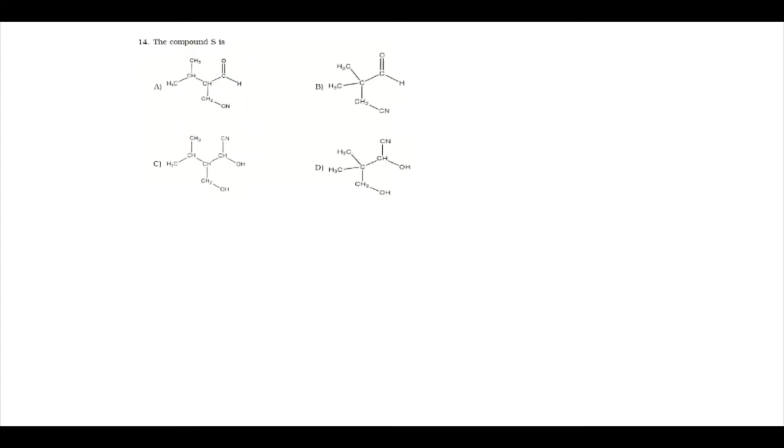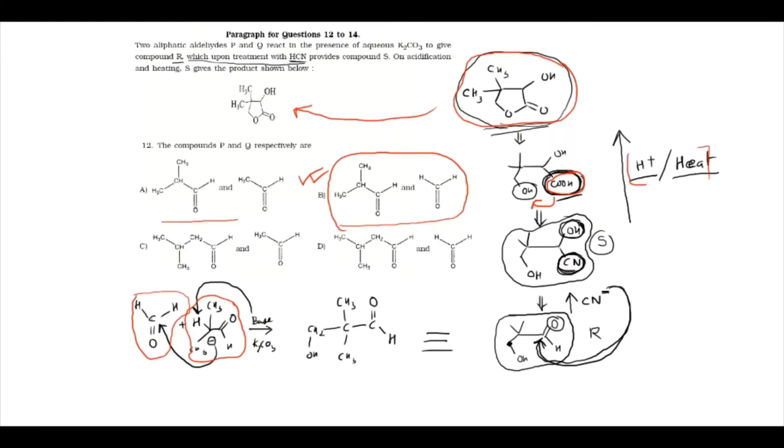So 2 problems solved. Now the next problem is, what is compound S? Now if you go back again to our predicted products, this is compound S, where this nitrile group is attached to a hydroxide group containing carbon, and that carbon is also attached to a carbon which has 2 methyl groups and a CH2OH group.